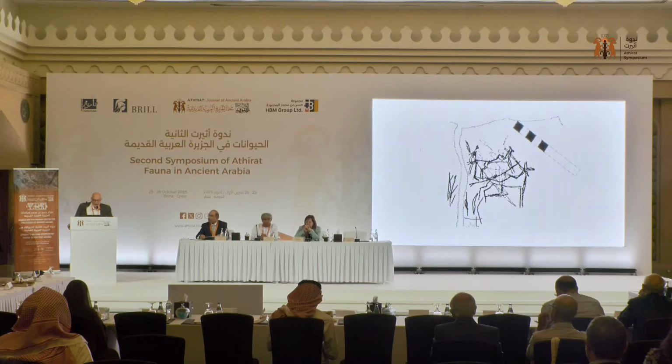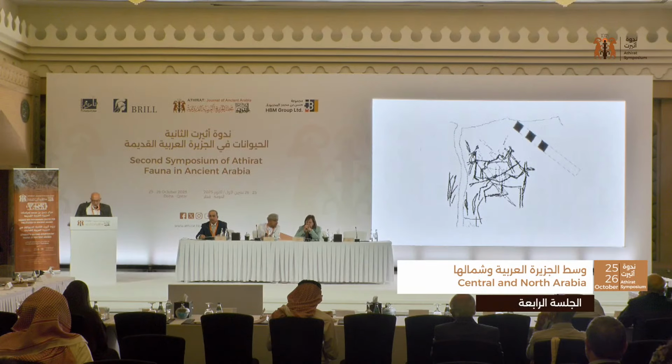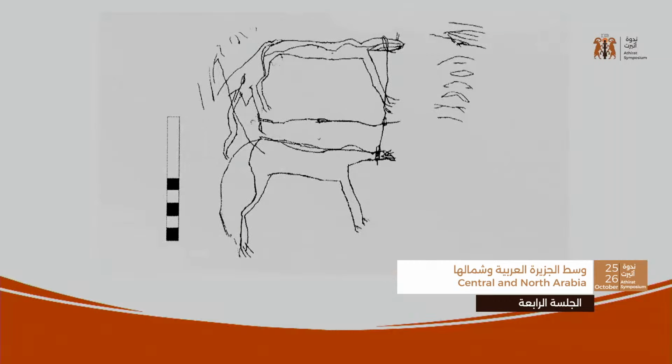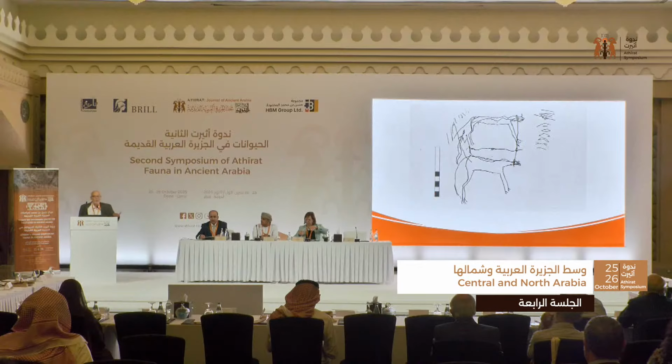Muhammad questions whether the depicted animals are oxen or not, or are they identical or not in this case, because in certain cases, this is an example, it seems that even wild oryxes were used for plowing.